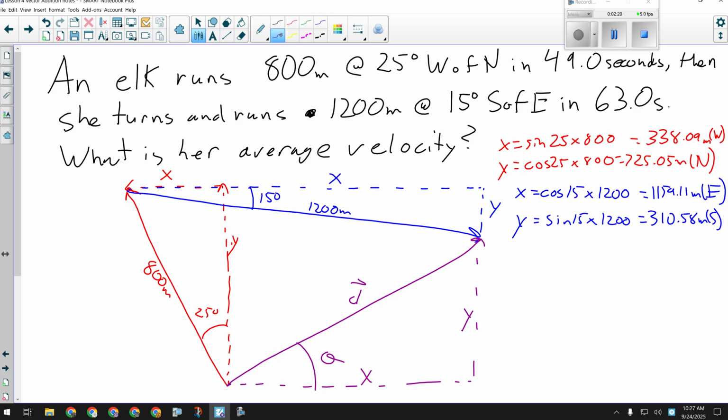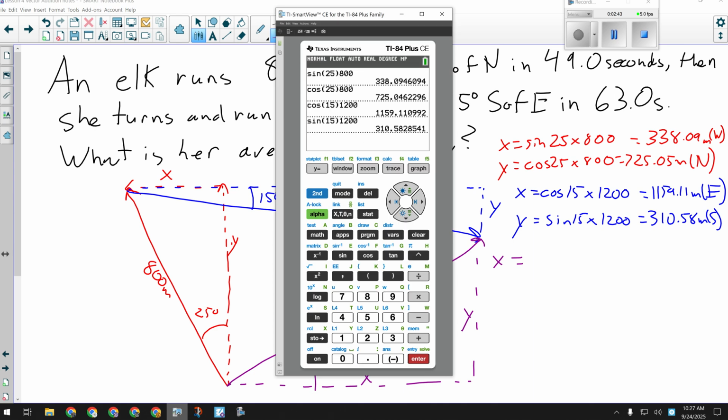All right, so now that I've got all of those, now I can get my resultant triangle. That is going to be purple x and purple y. All right, my x components, one of them goes west, the other goes east. So they are opposite, so when I put them together, I am going to make east positive and west negative, because that's usually the way that it goes. So I will take my 1159 plus negative 338.